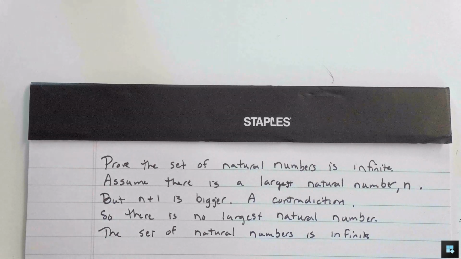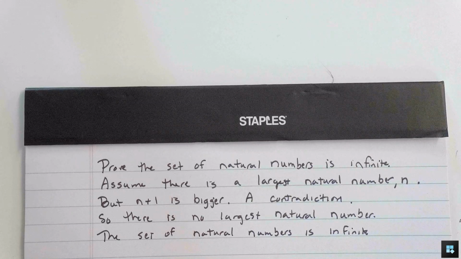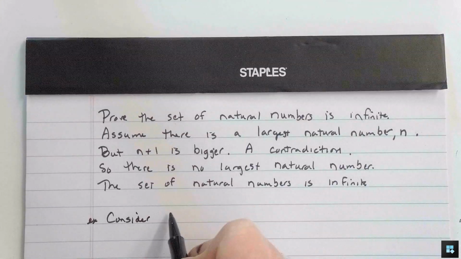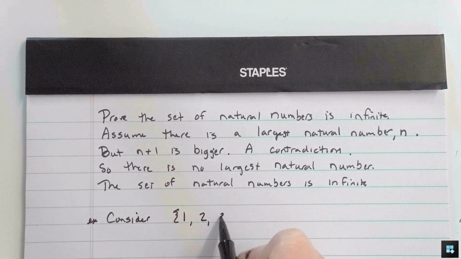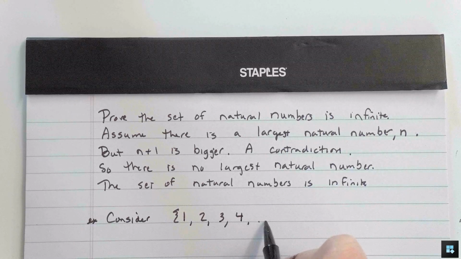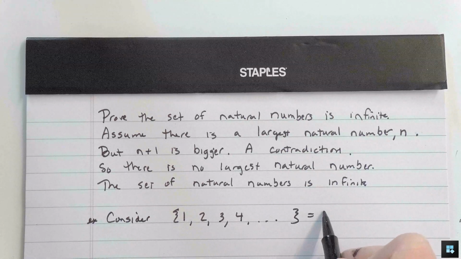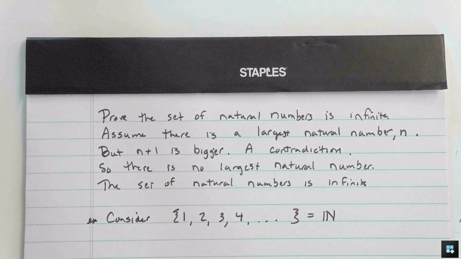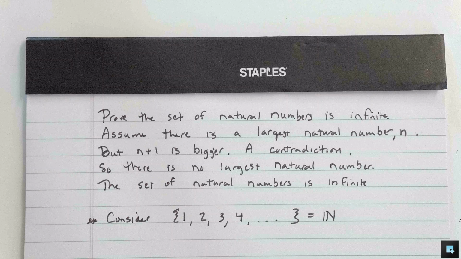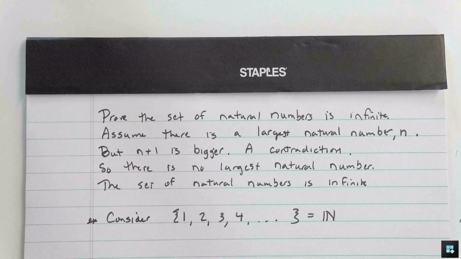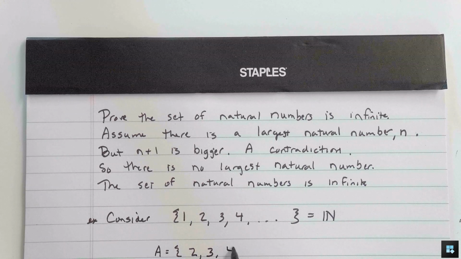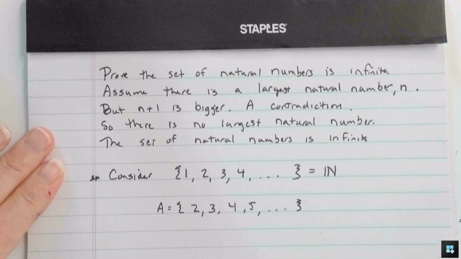Well, let me give you two sets to think about. Here's the natural numbers, the set 1, 2, 3, 4, dot, dot, dot, which you can abbreviate with a capital N with a double bar. And I'll make another set we'll call A. A starts with 2, and then it goes on 2, 3, 4, 5, dot, dot, dot.